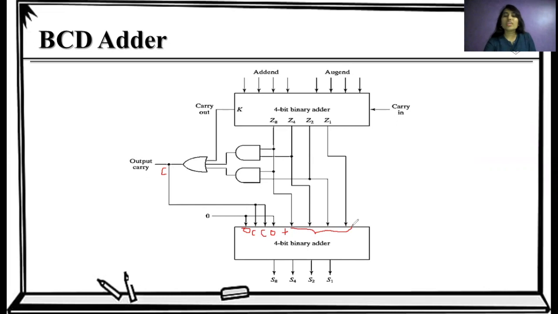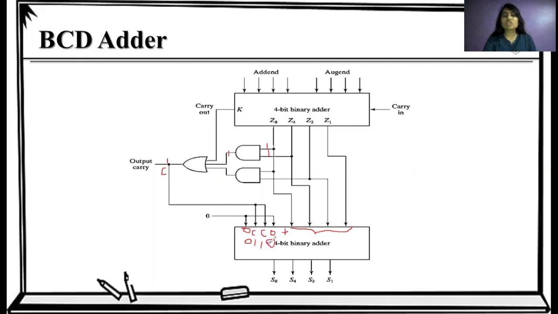If we have a value greater than 9, for example if we have the answer 12, that means these are 1, so we have a 1 over here, and after the OR operation we have a 1. So ultimately this becomes 0110.